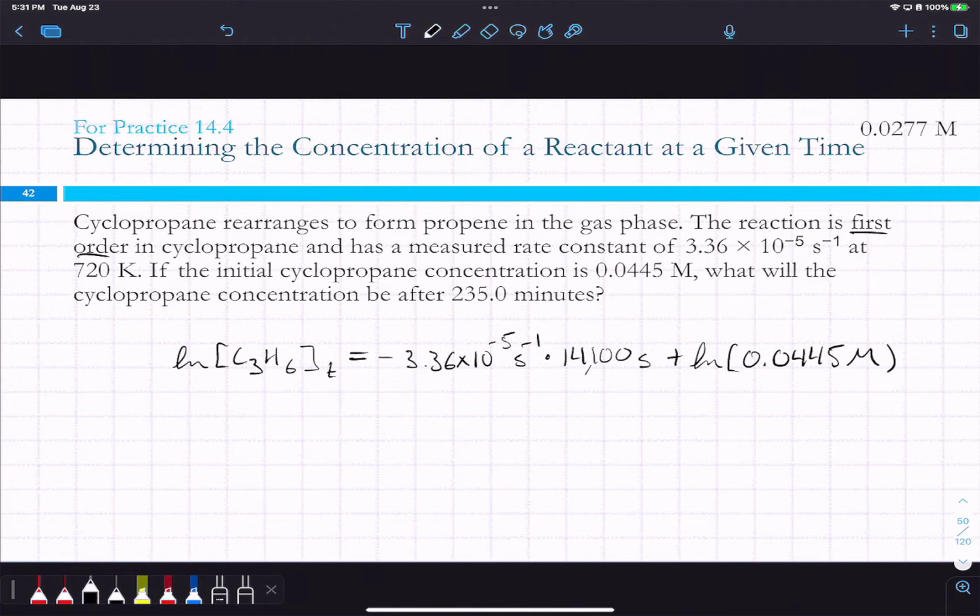Any questions so far? Make sure you don't forget the negative on the 3.36 times 10 to the negative 5.